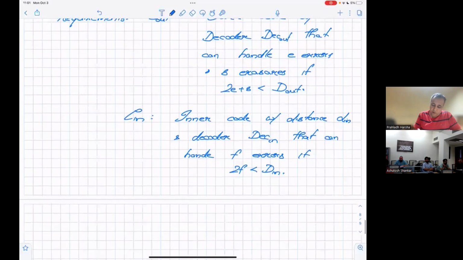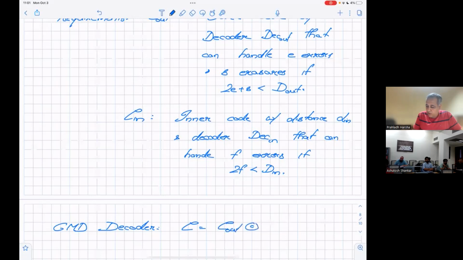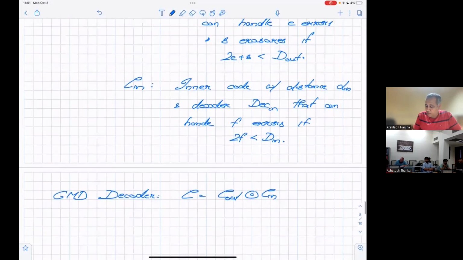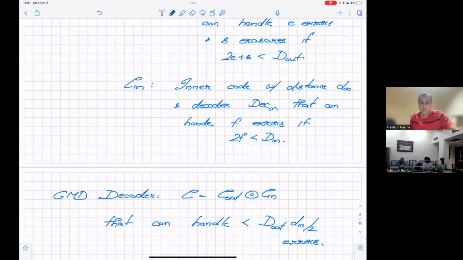Then Forney's GMD decoder will give you, for the composed code, a decoder, let's call it the G decoder, that can handle anything less than D out times D in by 2 errors.